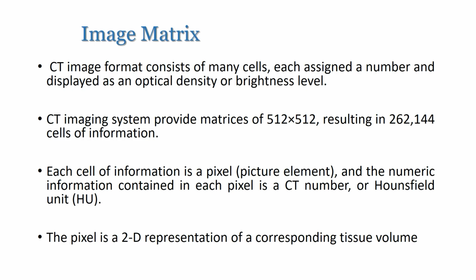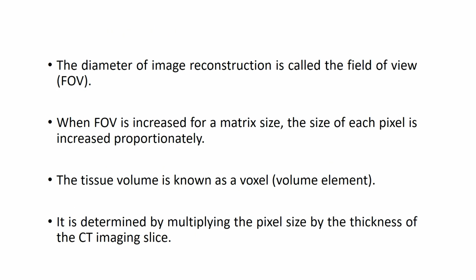The pixel is a 2D representation of the corresponding tissue volume. The diameter of the image reconstruction is called the field of view, FOV. When the field of view is increased for a given matrix size, the size of each pixel is increased proportionately.